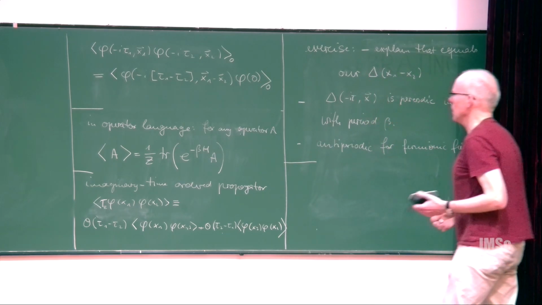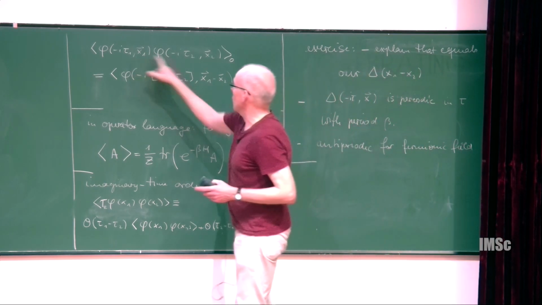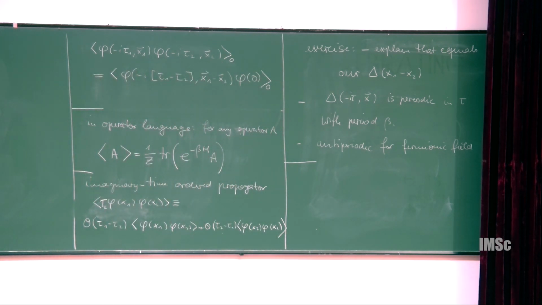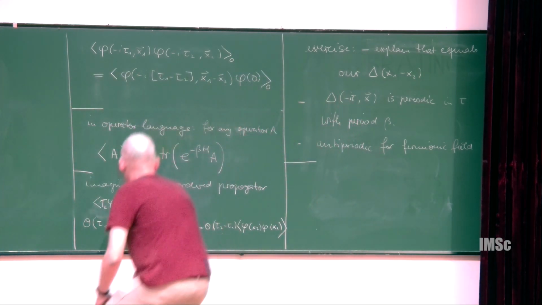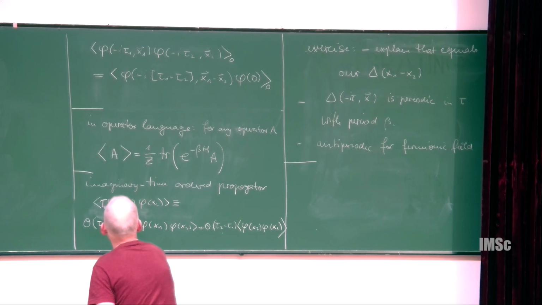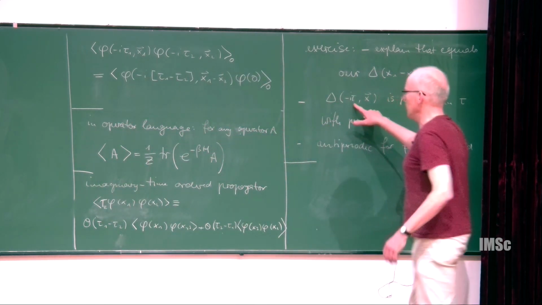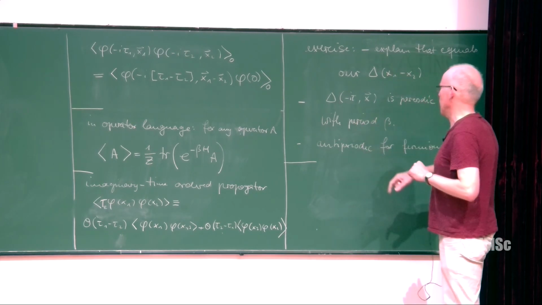And I mean, to use this for all tau 1, tau 2 between 0 and beta, you should really think of this propagator as a function living on the interval from minus beta to plus beta.